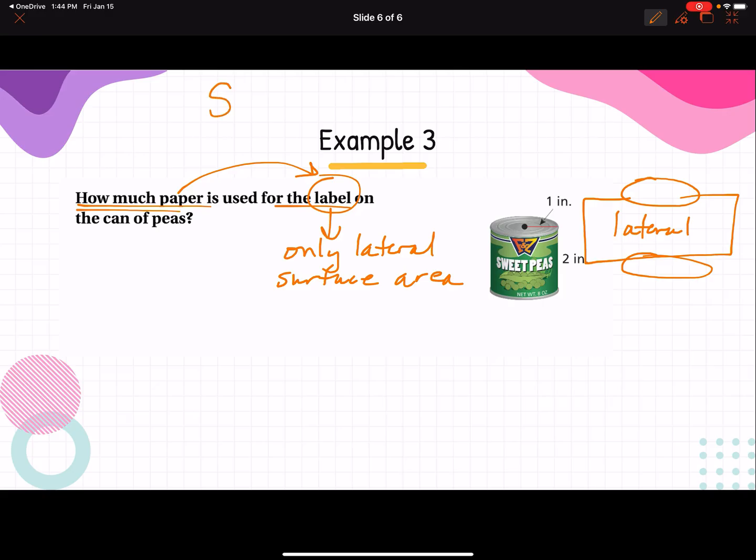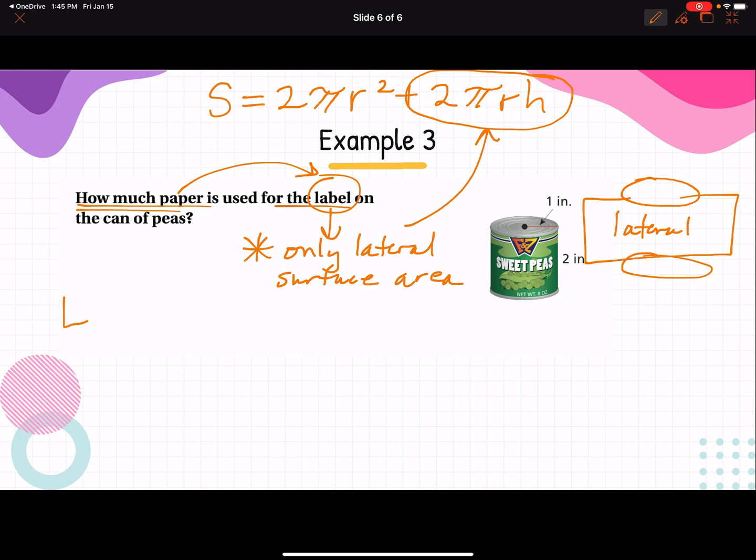And I'm going to write my formula at the top of this slide again, just as a reminder. S equals 2 pi r squared plus 2 pi r h. Now, if we're only wanting the surface area of the lateral part, which is the label, then we are only going to need this second part of the formula.